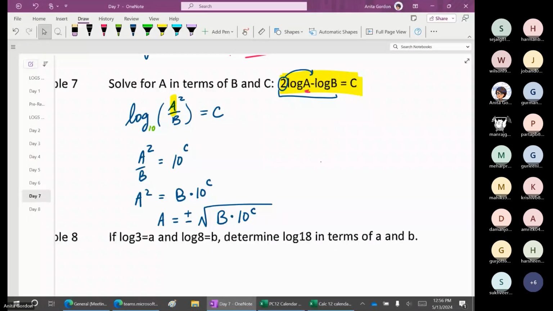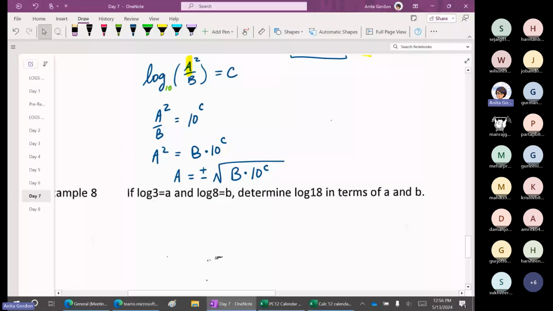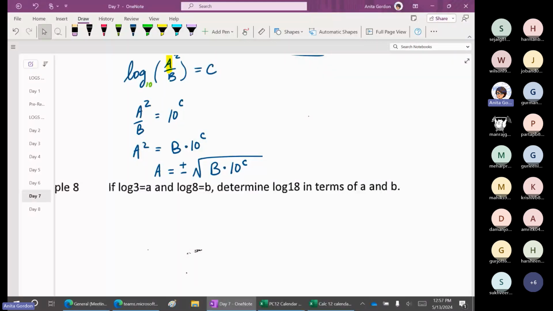Okay, example 8. If the log of 3 is A and the log of 8 is B, determine what is the log of 18 in terms of A and B. How could I write log 18 in terms of A and B?